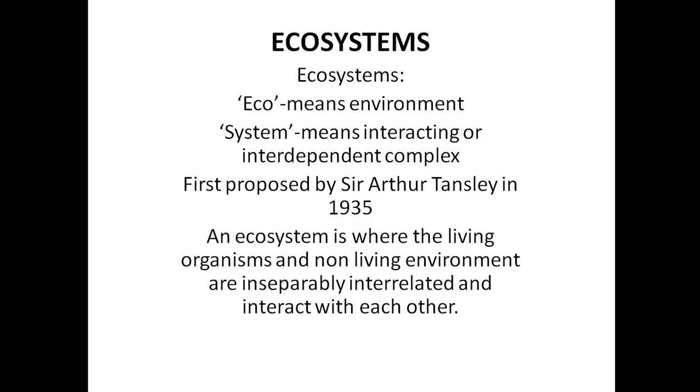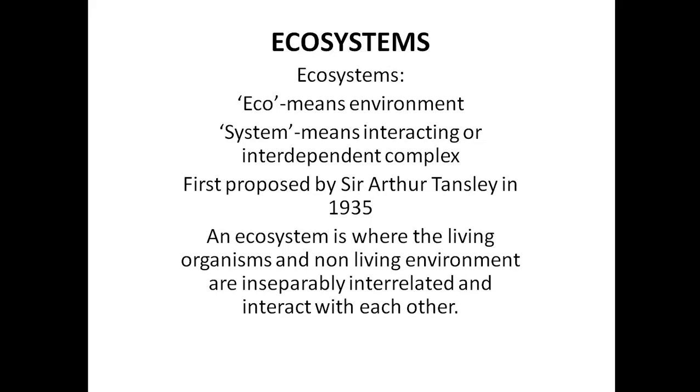So the definition of ecosystem is: an ecosystem is where the living organisms and non-living environment are inseparably interrelated and interact with each other. That means in an ecosystem there will be non-living things also, or non-living environment.